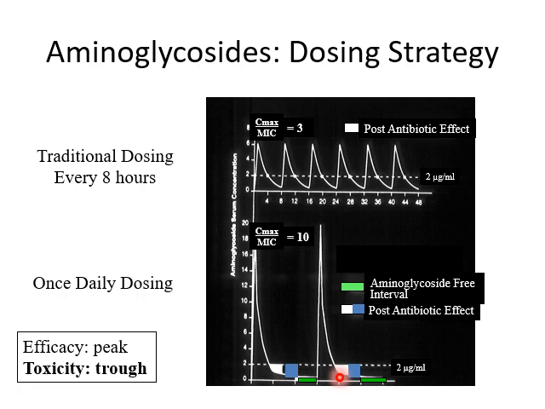We are trying to decrease nephrotoxicity and ototoxicity by having a concentration below this line as much as possible without affecting the effectiveness of the drug, and we are comfortable with that because of the concentration dependent killing and the concentration dependent PAE.